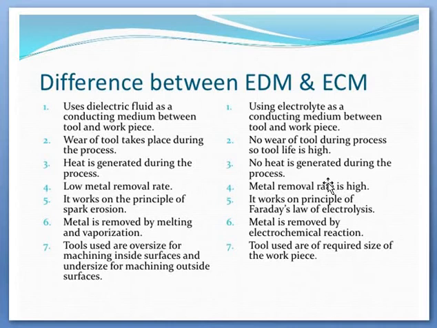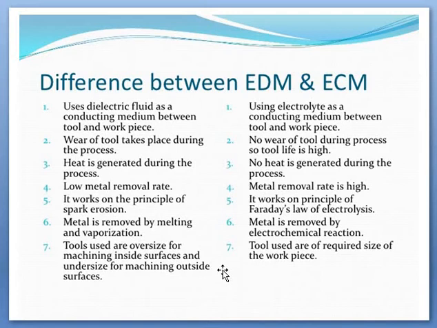The next part is related to the working principle of these processes. EDM works on spark erosion, whereas ECM, that is electrochemical machining, works on Faraday's law of electrolysis. The next point is related to the metal removal process.